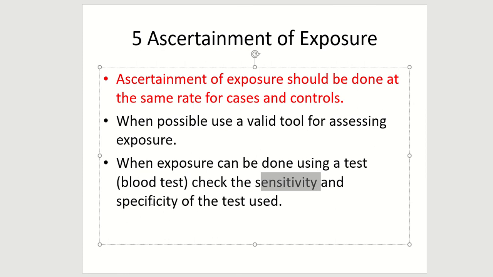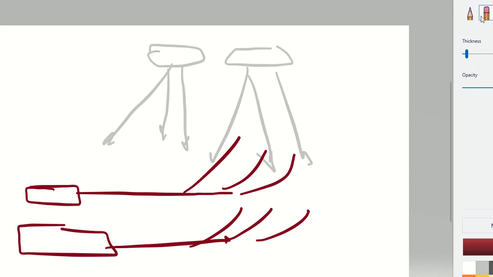Sensitivity and specificity, if you've forgotten what they mean, you've seen these terms in public health. Sensitivity is, out of everybody that has the disease, how many will be positive. With specificity, out of everybody who's healthy, how many the test will be negative. So, a quick reminder.